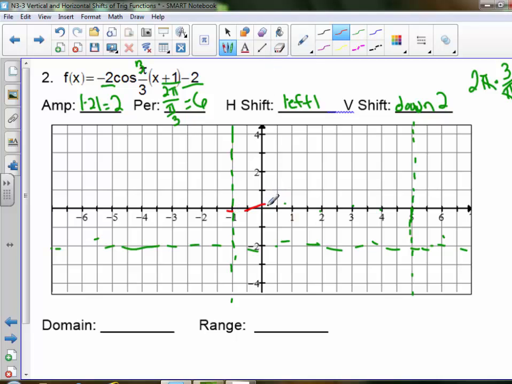This will be my maximum here, somewhere along the 0 axis. And then my minimum will be down 2. So 1, 2. So somewhere along -4. So within that rectangle will be my one complete cycle of this graph.